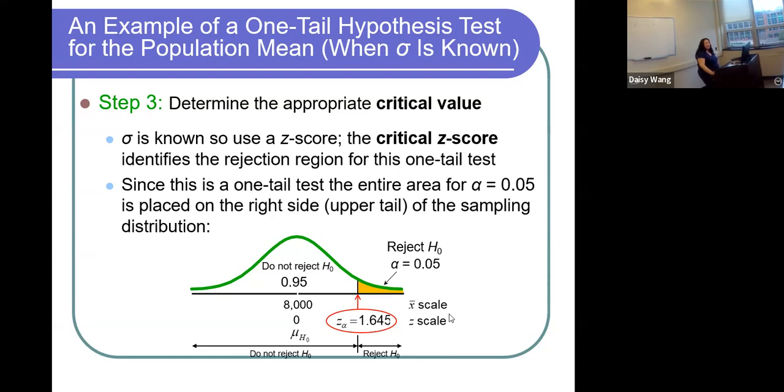What would be the Z value? If it's smaller than 1.65, then we don't reject. It means the average lifetime is not long enough. If it's here, we can reject it. And then, okay, the lifetime is longer.